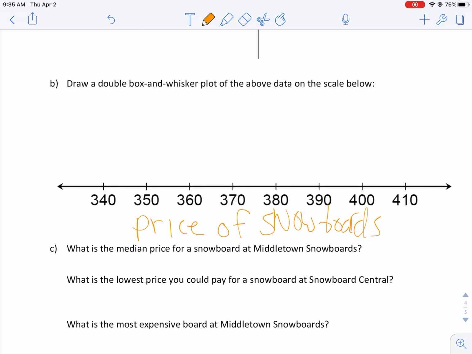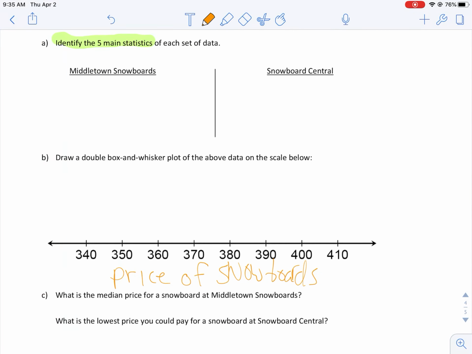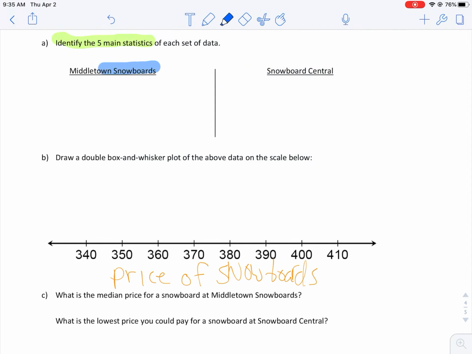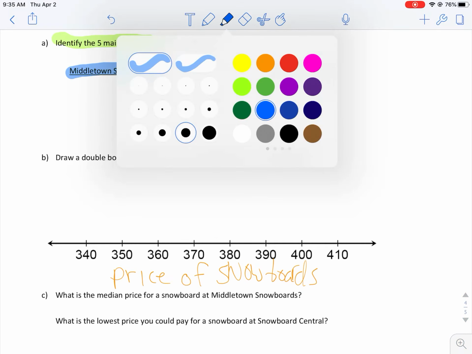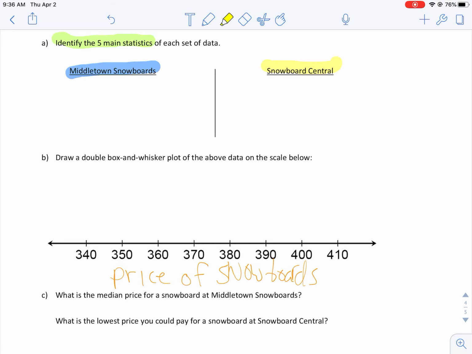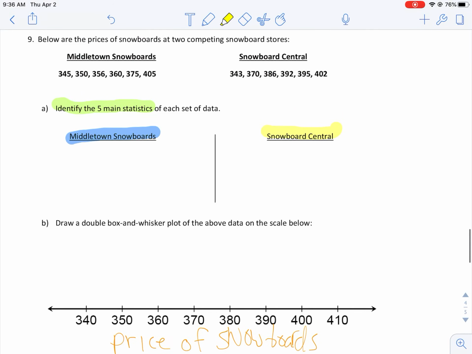So the price of snowboards. I'm going to make Middletown Snowboards in blue, and I'm going to make Snowboard Central in, let's go with yellow. We'll go blue and gold, school colors. I miss school.